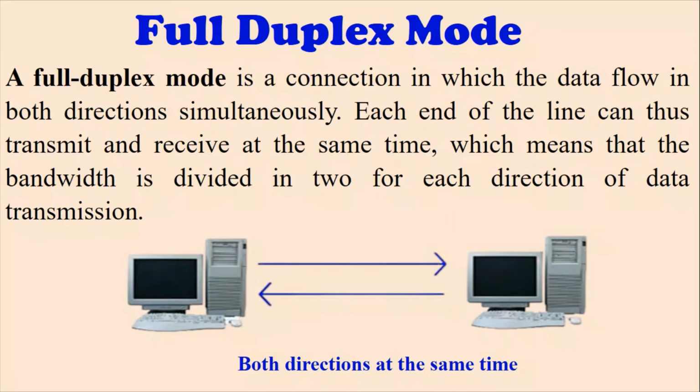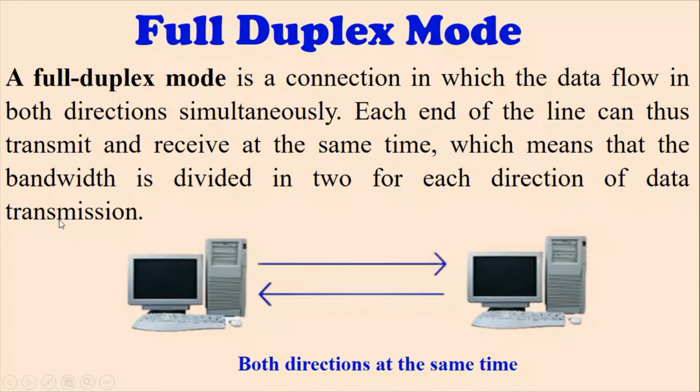Full duplex mode is a connection in which the data flows in both directions simultaneously. Each end of the line can thus transmit and receive at the same time, which means that the bandwidth is divided into two for each direction of data transmission.